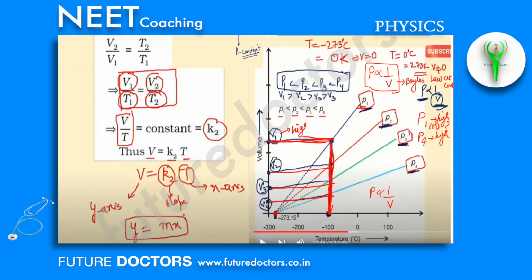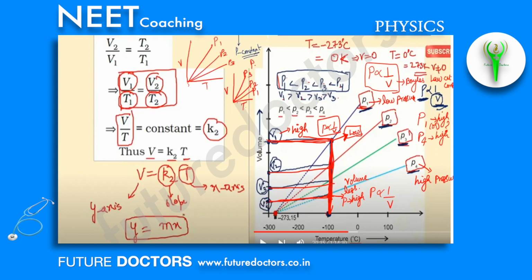Pressure is inversely proportional to volume. So when volume is less, pressure should be high. P1 is low pressure, then P2, then P3, then P4. So V1 is high volume, then V2, then V4. So P3 is greater than P2, then P1.